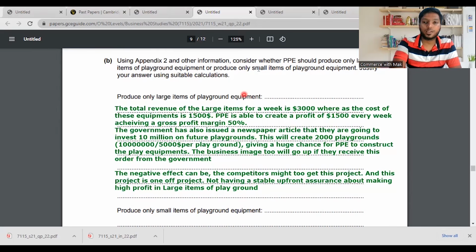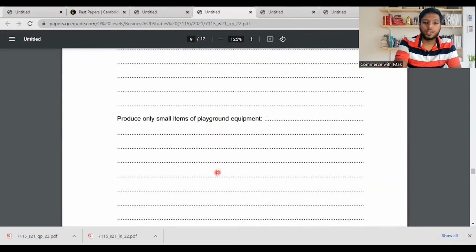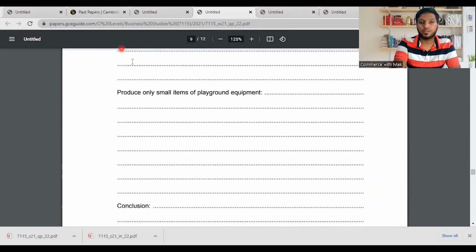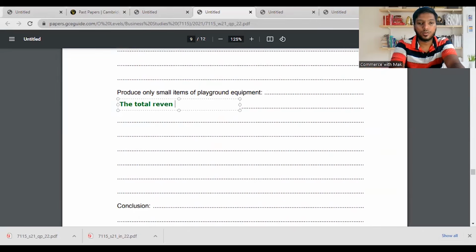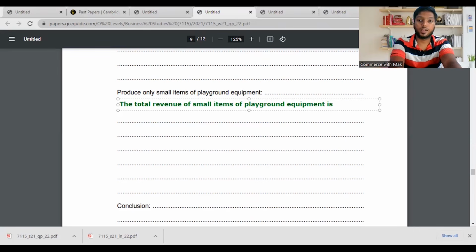And the second thing, I'll start with the same tone. They produce only small items of playground. Right here, the total revenue of small items of playground equipment is, you all already know, $1,500.